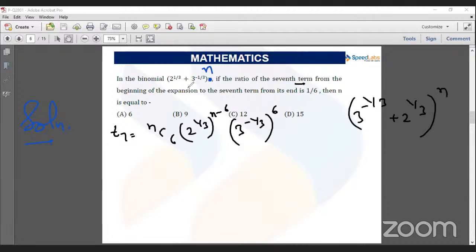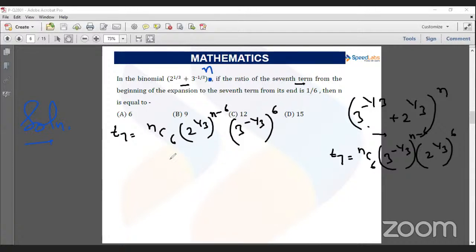So the seventh term from the end of this is the seventh term from the start of this. So the seventh term from the start of this would be T7 is nC6 3 power minus 1 by 3 power n minus 6 and 2 power 1 by 3 power 6, and the ratio is 1 by 6.